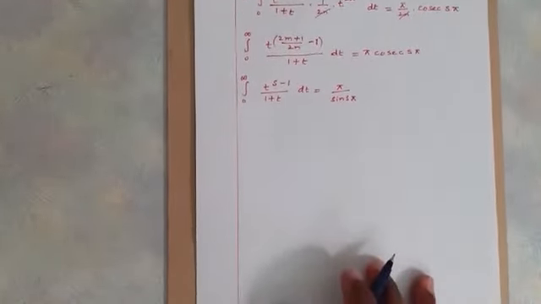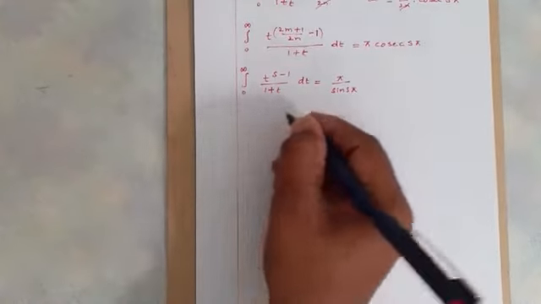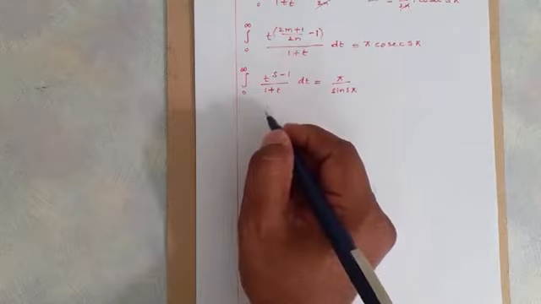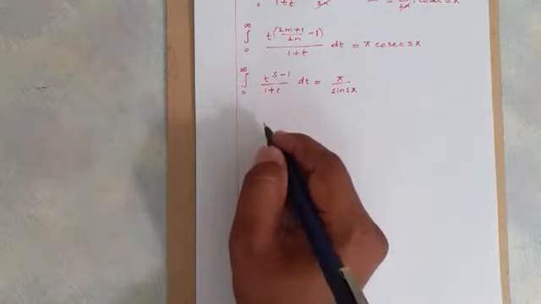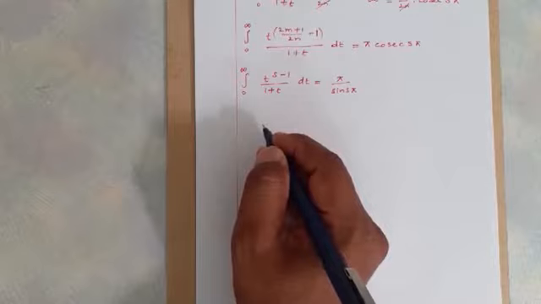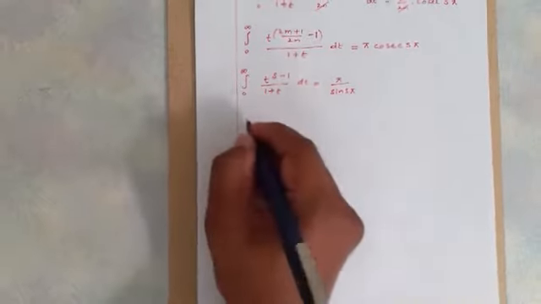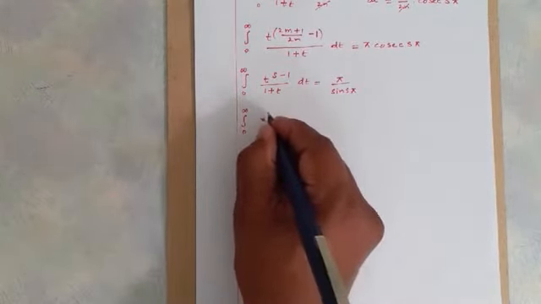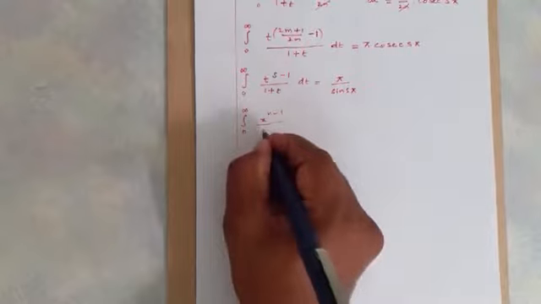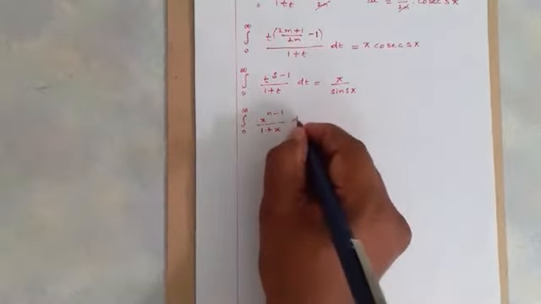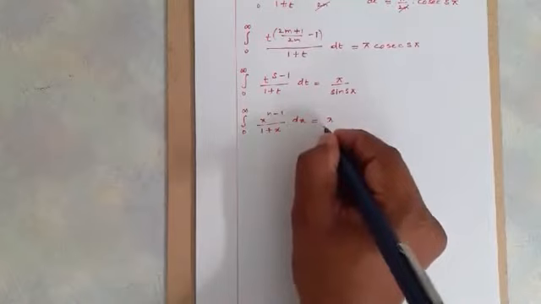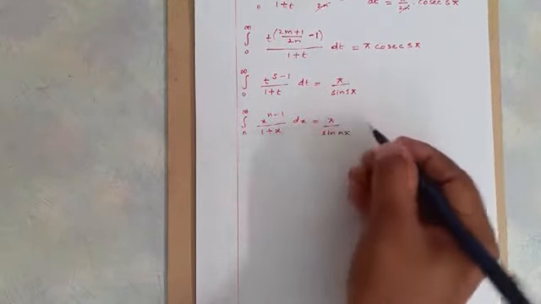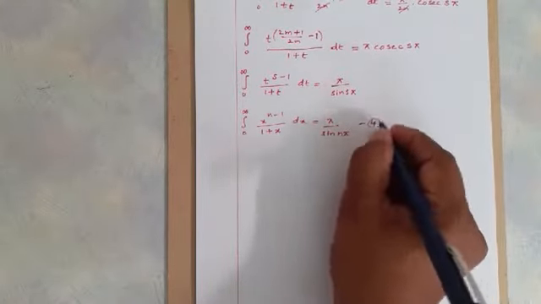After writing this, in the next step, as you know from the property of definite integral, we can change from t to x, that is, integral a to b f of t dt is equal to integral a to b f of x dx. Now I am changing this: 0 to infinity x power, in the place of s I am writing n, minus 1 upon 1 plus x dx is equal to pi upon sine n pi, that is nothing but equation 4.